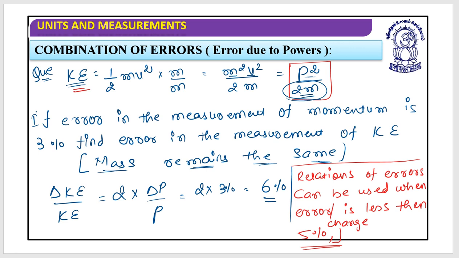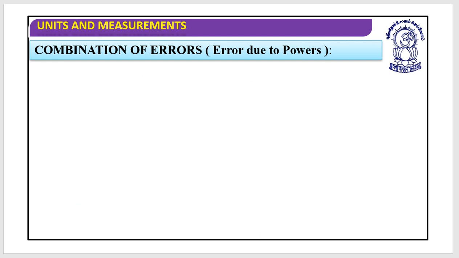If it is beyond 5 percentage, I should not use the relation. So let's look at the same question.